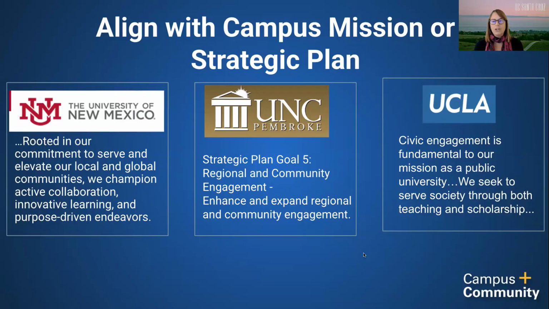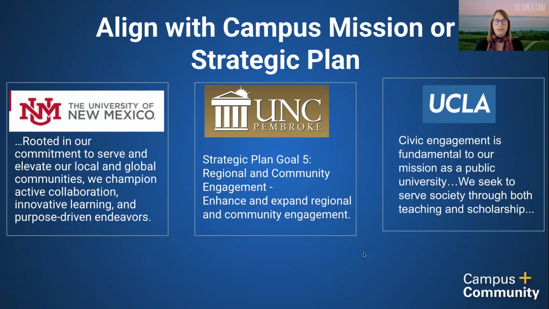At the University of North Carolina at Pembroke, it's part of their strategic planning goal. They have a regional community engagement goal to enhance and expand regional and community engagement. That's open to interpretation. I think you interpret it in the ways that favor your approach to expanding, enhancing community engagement, but I think any community engaged scholarship would fit directly into that goal.